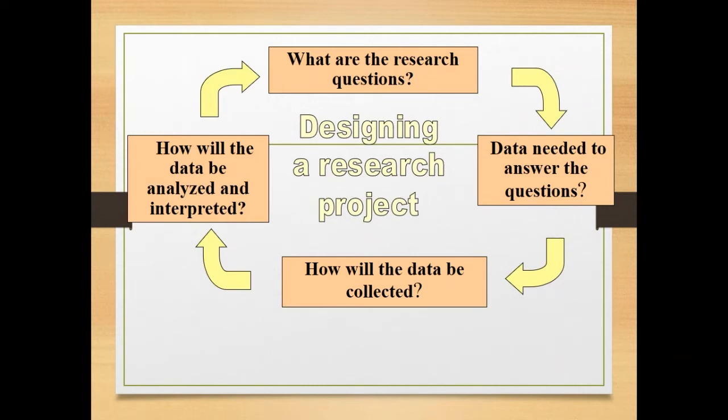Okay. If you say you want to analyze, the word analyze in itself also is an action word. So that the question informs the type of data and how it will be collected, and of course, how it will be analyzed and interpreted. So the key really lies in how you structure this research question.